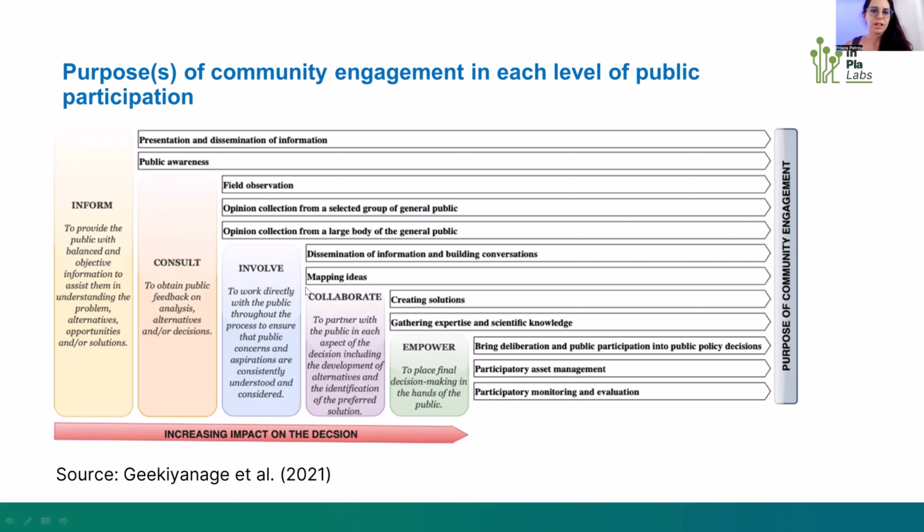For example, at the step of collaborate, mapping ideas, more engaging co-creation solutions, and gathering expertise and scientific knowledge, which are probably in the more initial steps of the planning process, are selected by the planning team, because we need a higher level and we need to find more integrated means in order to ensure that local stakeholders are actively involved in the process.